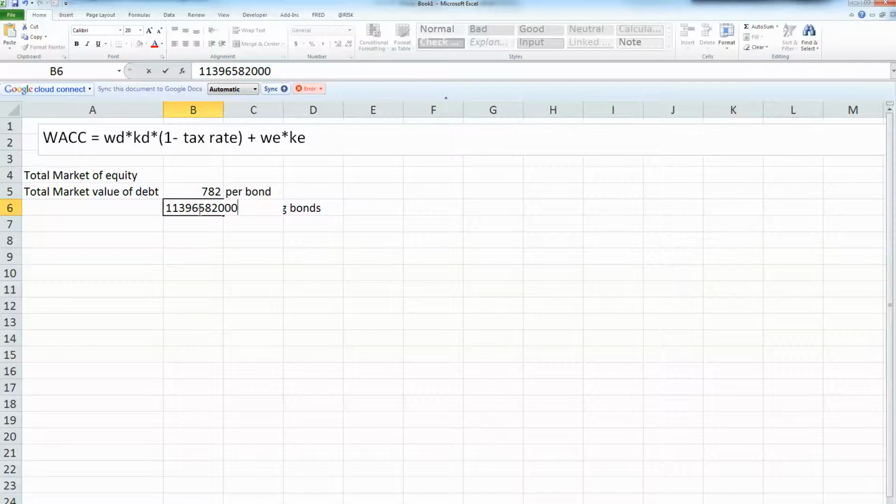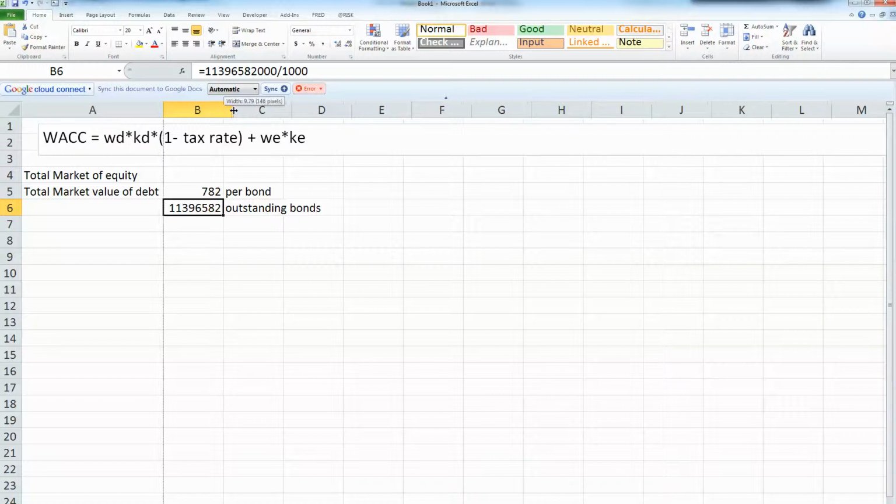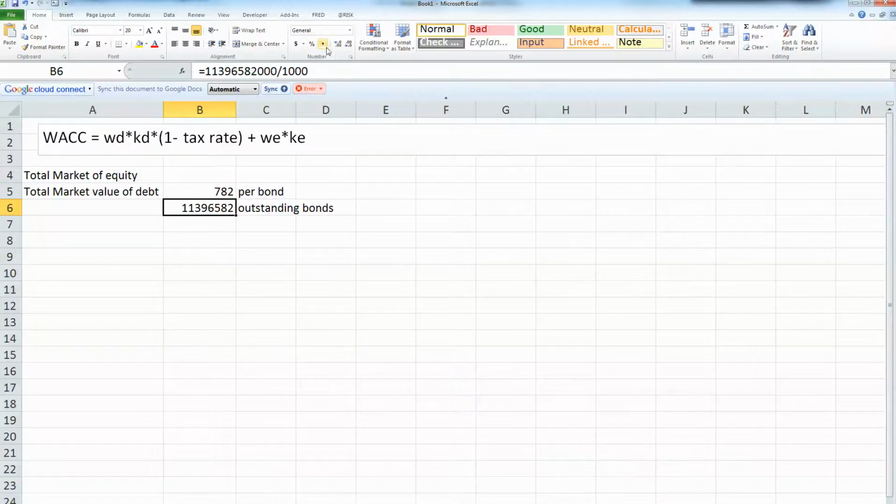That is the book value of debt. Well, corporate bonds have a par value of $1,000 a share. So if I divide by $1,000, that should tell me how many bonds are outstanding. So they have 11.4 million bonds outstanding.